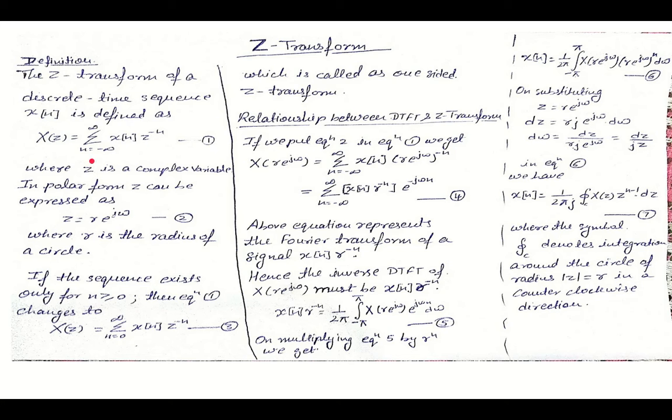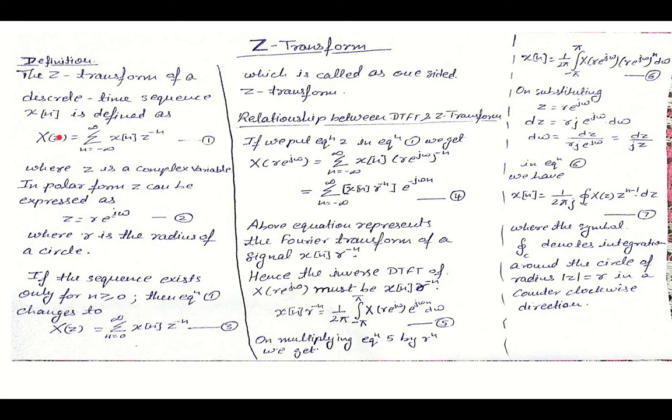Here this z is a complex variable which in polar form is represented as r e to the power j omega, where r is nothing but the radius of a circle.